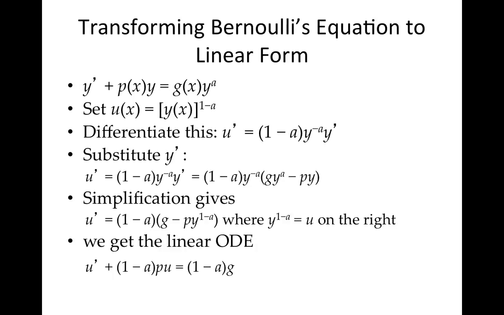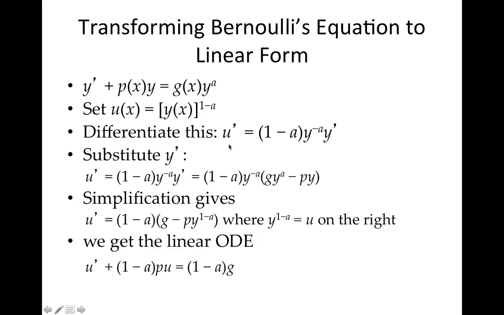So the goal here is to transform Bernoulli's equation into linear form. And we do that by making a substitution for y with the function u of x. This exponent a is going to prove to be very important, because what we're going to do is set u of x to be y of x to the 1 minus a power.